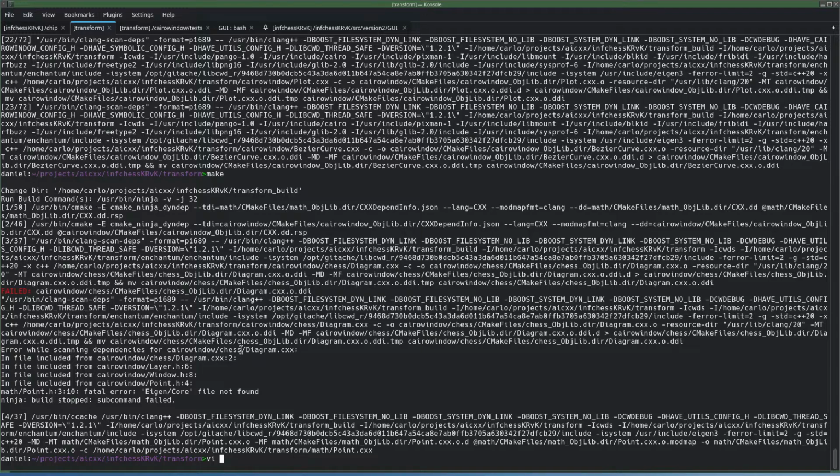Oh, this is a cairowindow chess. But hyperplane is the file manager.